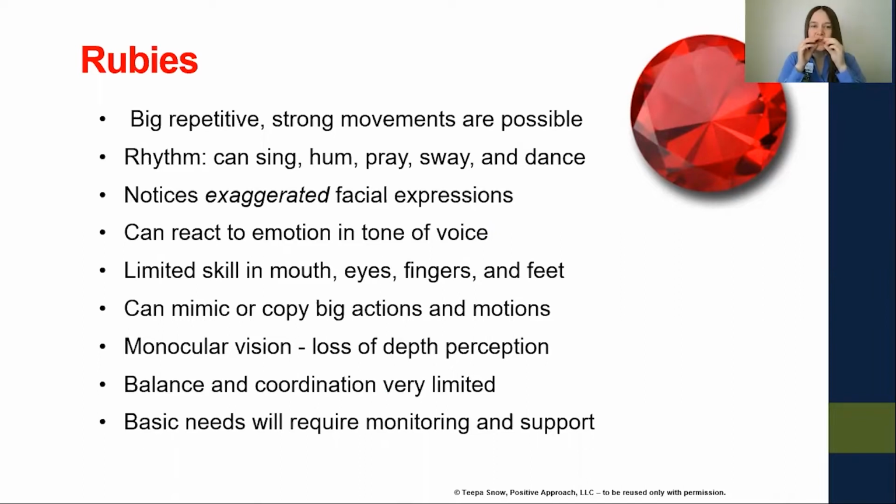Limited skill in mouth and eyes and fingers and feet, as in pivoting, backing up, not necessarily possible. They can mimic or copy big actions and motions. Again, monocular vision. So what does that mean for depth perception? Not happening. Balance and coordination are very limited, and the person's most basic needs will need to be monitored and supported.